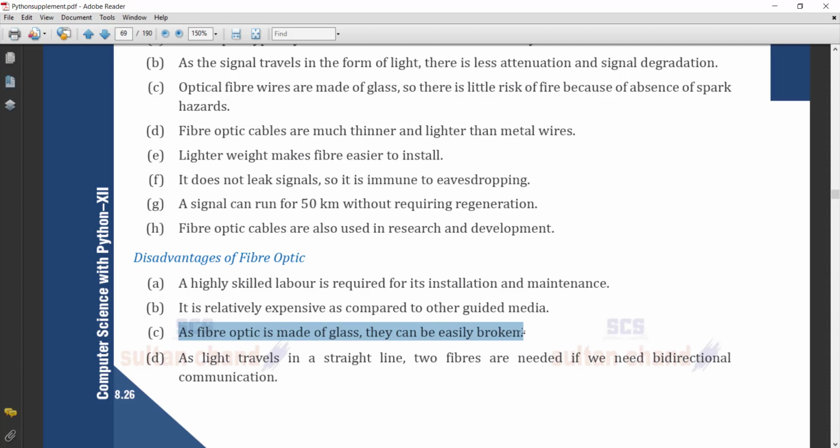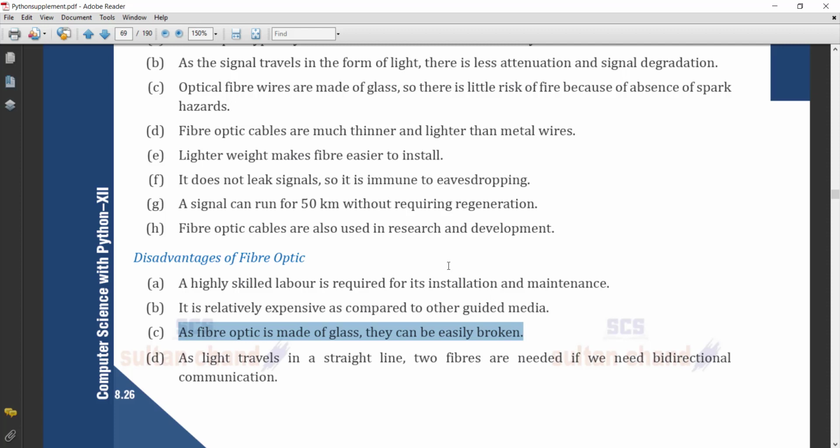Because the core is made of glass, that's why it can break. Clear? So this is the disadvantages of the fiber optic cable.